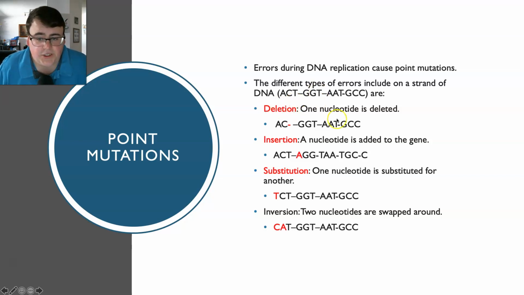So, in deletion, physically, in DNA replication, one of those nucleotides is deleted, so it has been missed when copied over. So, instead of having ACT, GGT, we've got AC, nothing, GGT, AAT, GCC.